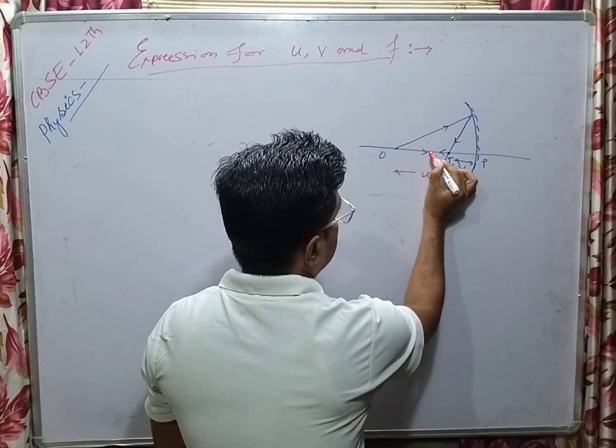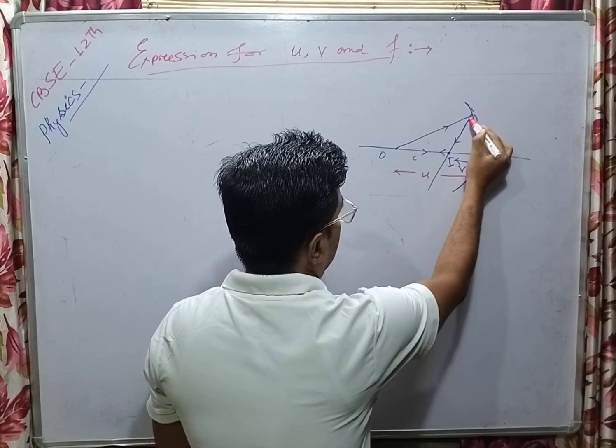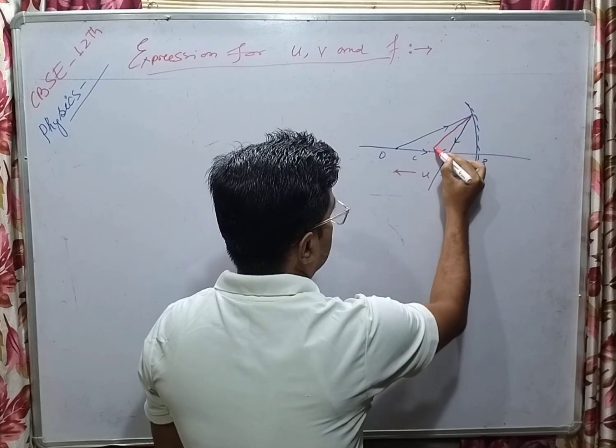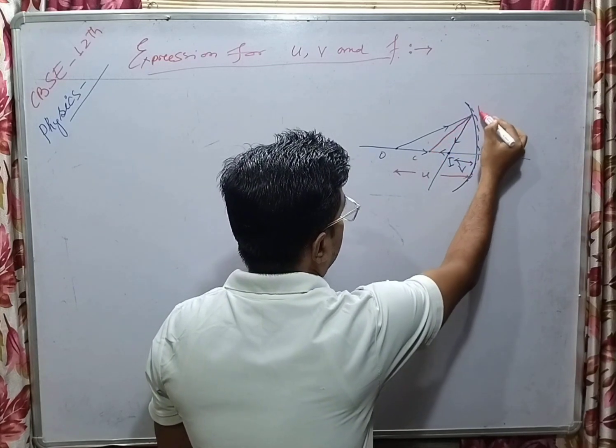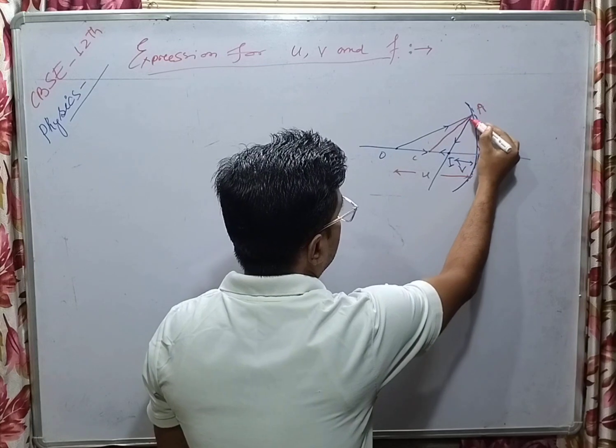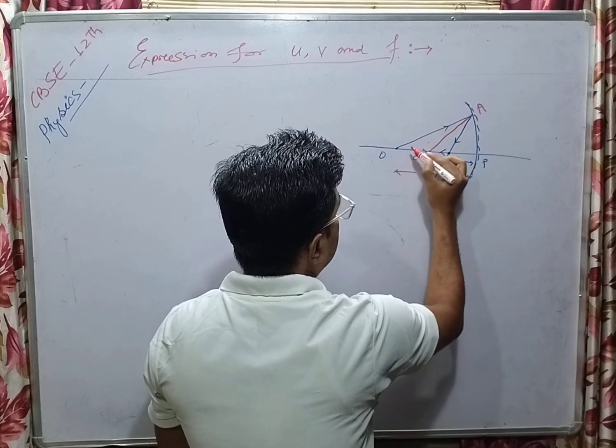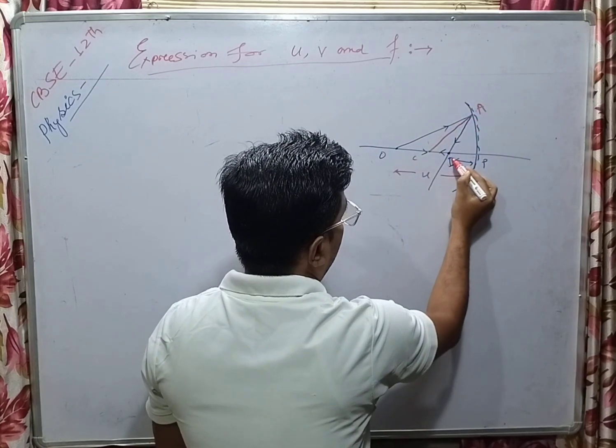Now another point C. This ray AC will bisect the angle OAI.